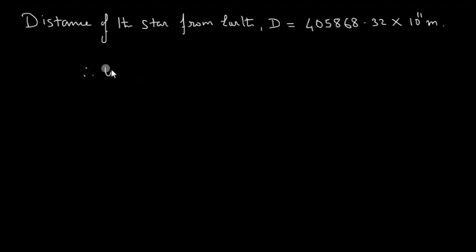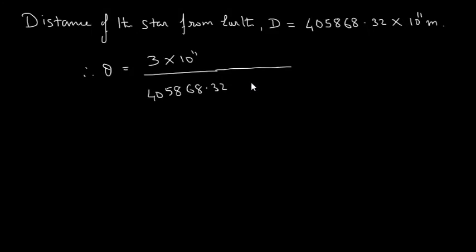Therefore, theta is equal to 3 into 10 to the power 11 upon 405868.32 multiplied by 10 to the power 11, which is equal to 7.39 into 10 to the power minus 6 radian.